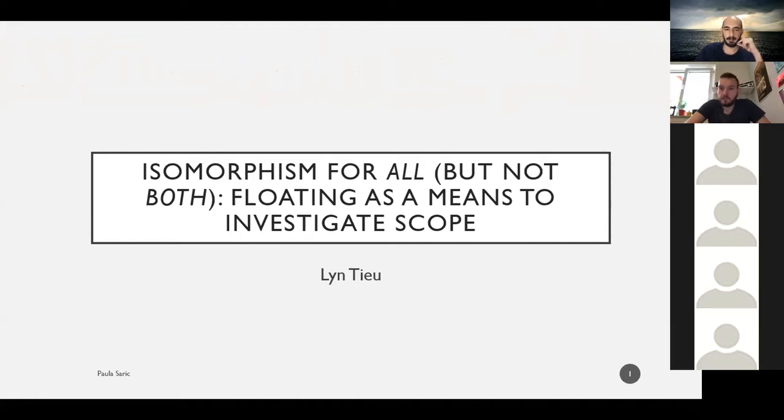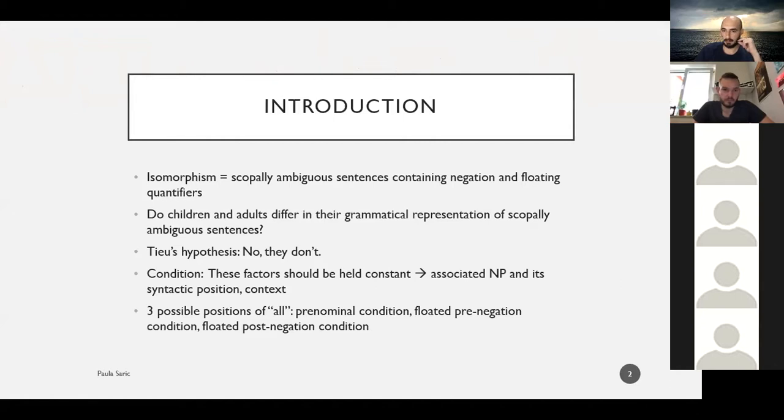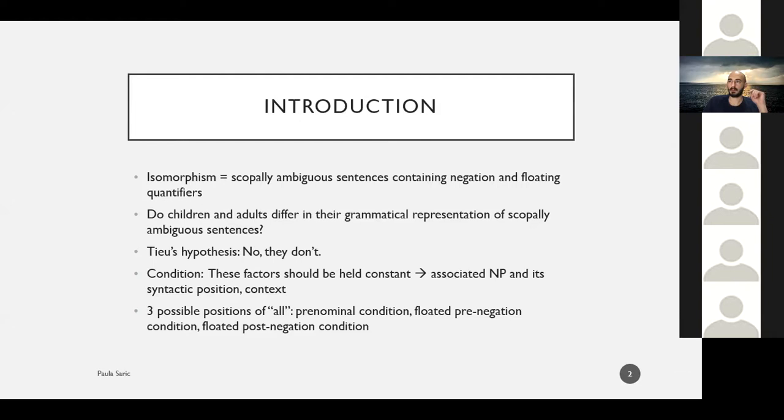So my presentation is about an article called "Isomorphism for All but Not Both: Floating as a Means to Investigate Scope" by Tieu. And as we already heard, the isomorphism effect is about scopally ambiguous sentences containing negation and floating quantifiers. The goal of this experiment is a better understanding of whether children and adults differ in their representations and processing of such ambiguities, because it was firstly claimed by other people that children prefer the isomorphic interpretation while adults prefer the non-isomorphic interpretation.